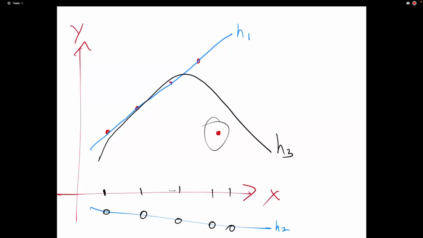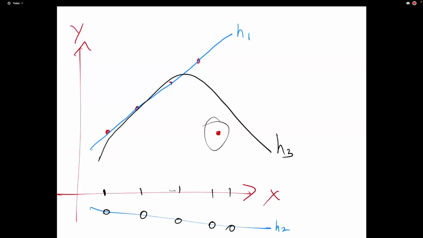H3 seems also reasonably good, but then H3 is more complex than H1, and that's where the prior might come in and say, I prefer H1 over H3. So the likelihood term will impose a preference between H1 and H2. The prior might impose a preference between H1 and H3.